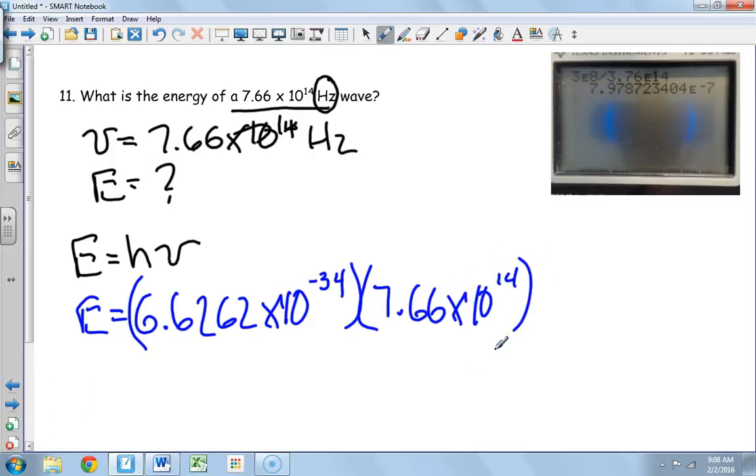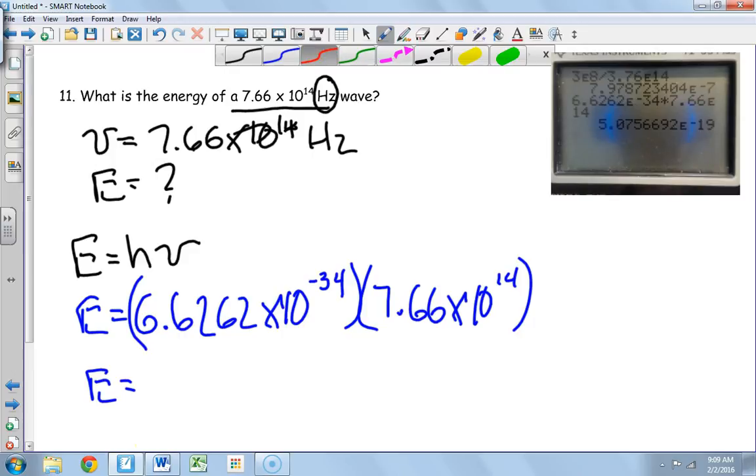Now this is slightly easier to answer because all we have to do is put in 6.626 E, and remember, E means times 10 to the negative 34, times 7.66 E14. And when we do that, we get an energy.